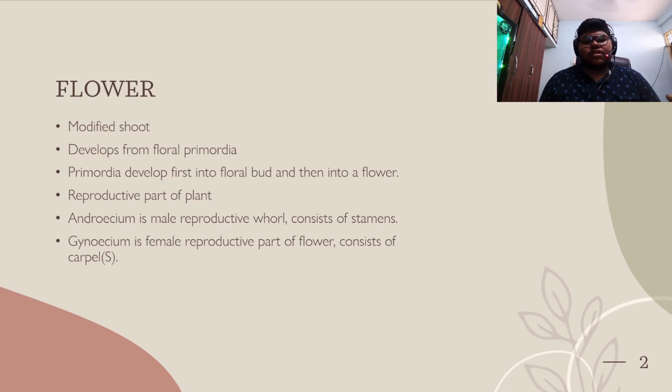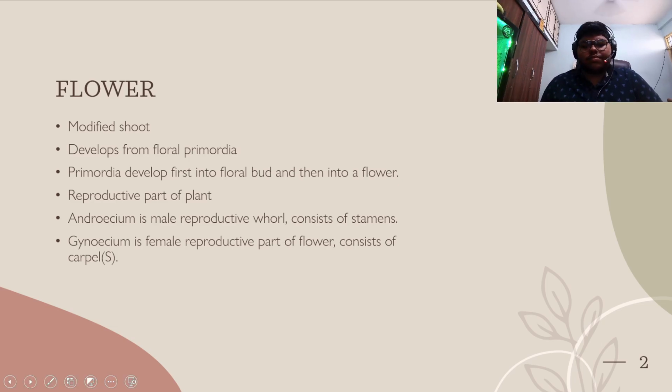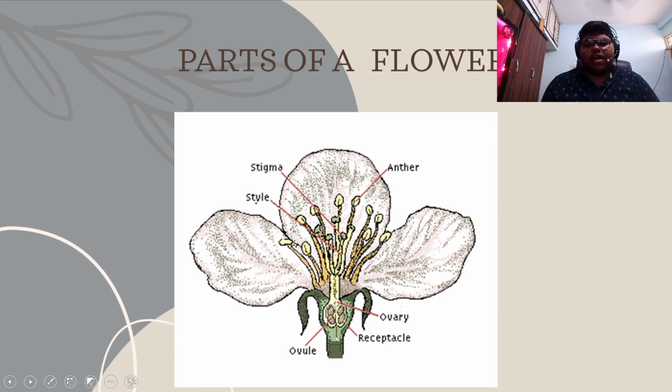Androecium is the male reproductive whole consists of stamen. Gynoecium is female reproductive part of flower consists of carpels. Parts of flower.